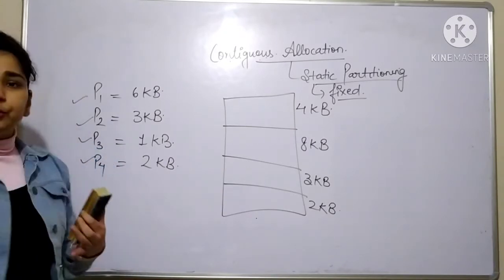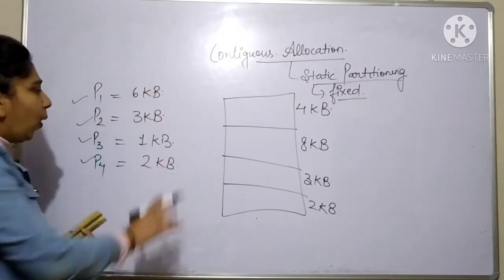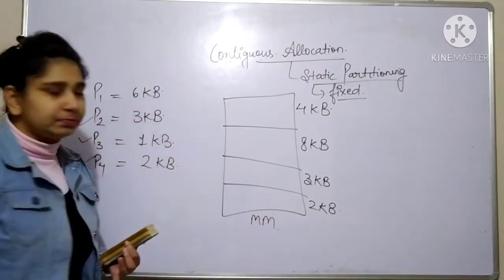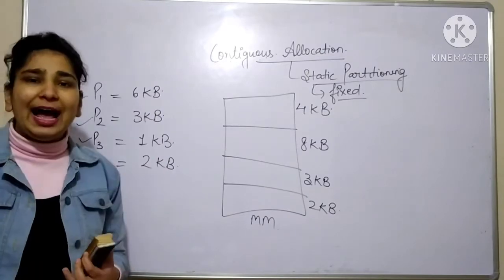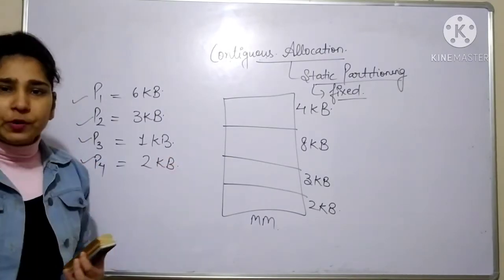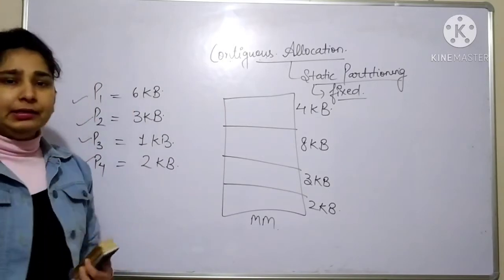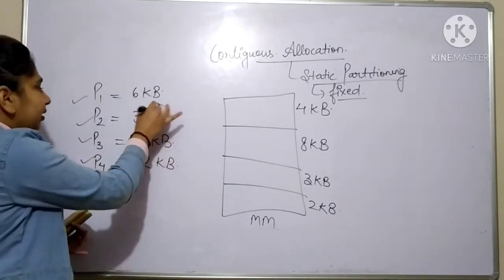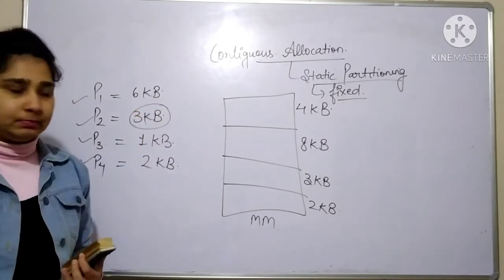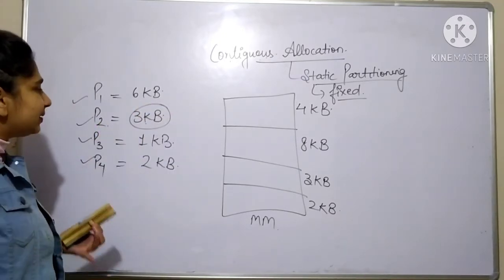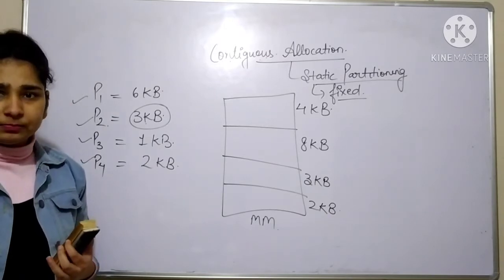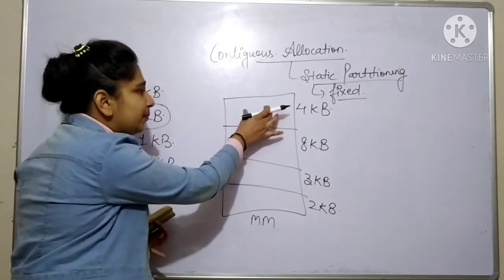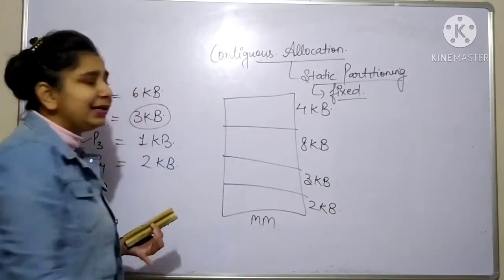So what do I have to do? I have to load all these 4 processes into the main memory. If you look, your process P2 size is 3 KB. 3 KB can be stored in this 4 KB partition.